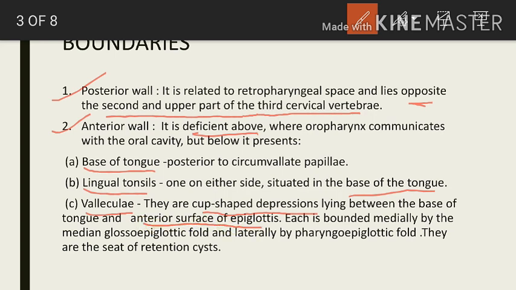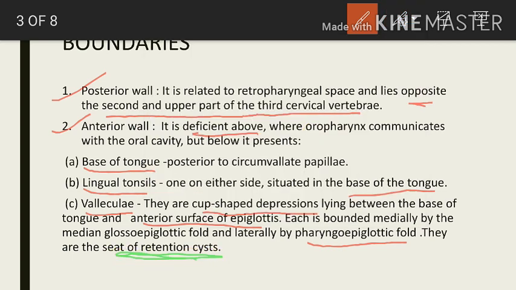Each is bounded medially by the median glossoepiglottic fold and laterally by the pharyngoepiglottic fold. These valleculae are most importantly the seat of retention cysts.